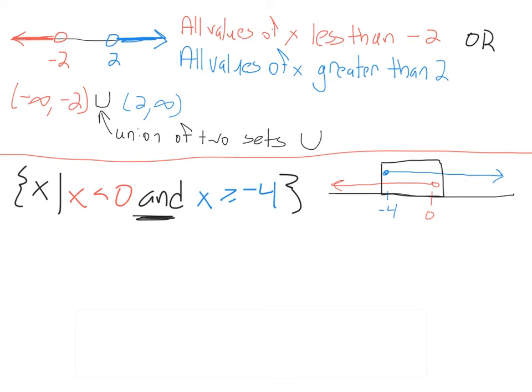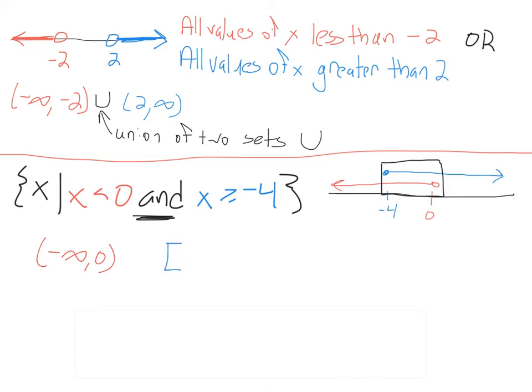And so we could write this out in interval notation, on the one hand saying, well, this set in red, this goes from minus infinity to 0. This set in blue, this goes from minus 4, and we include that endpoint.